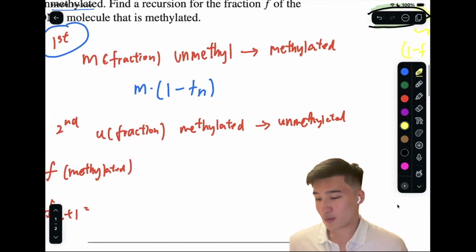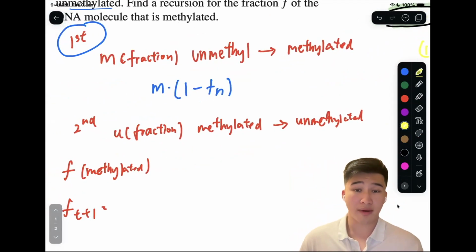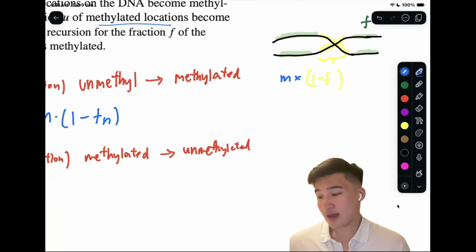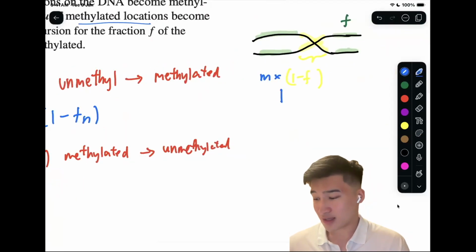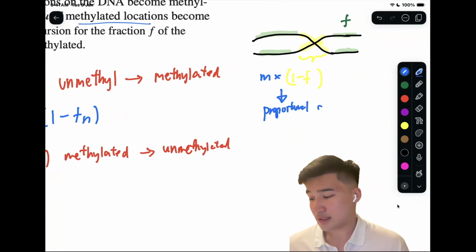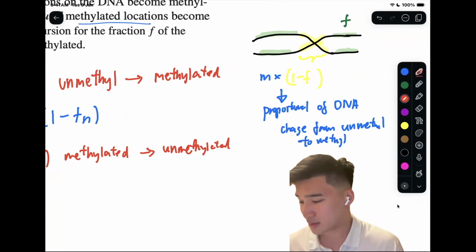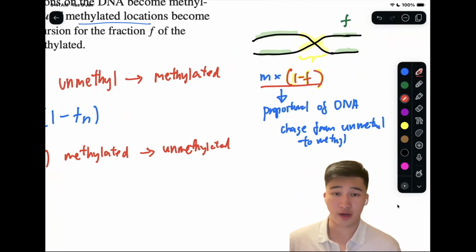So here we have M times 1 minus Fn, which is the proportion of DNA that changes from unmethylated to methylated. I hope that makes sense.